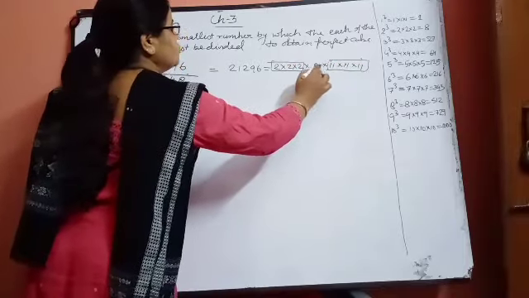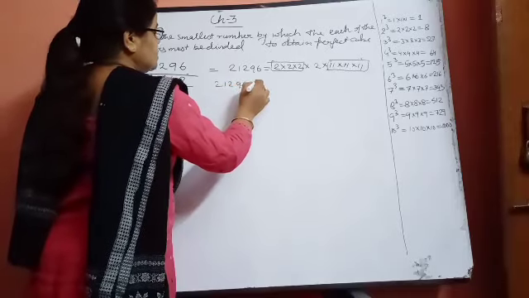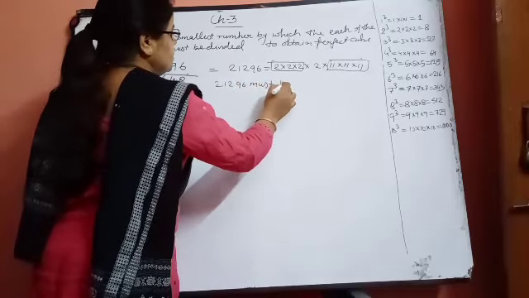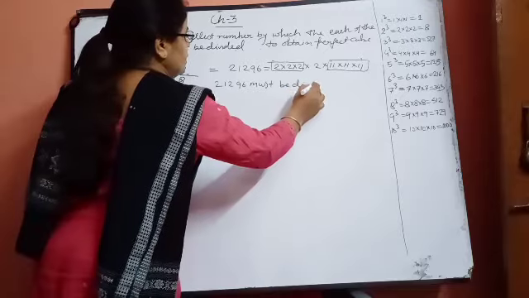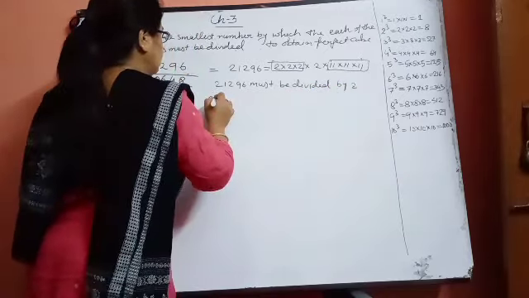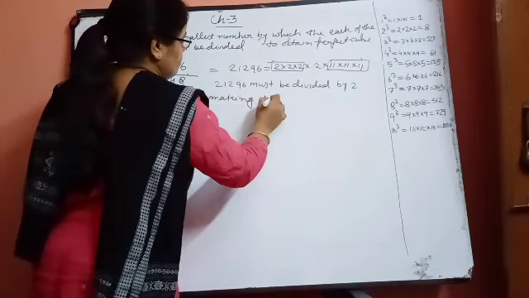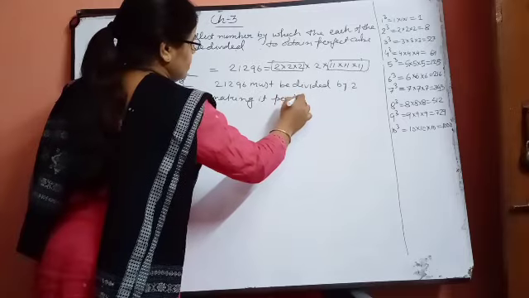Which is extra? This 2 is extra. So 21296 must be divided by 2, making it a perfect cube number.